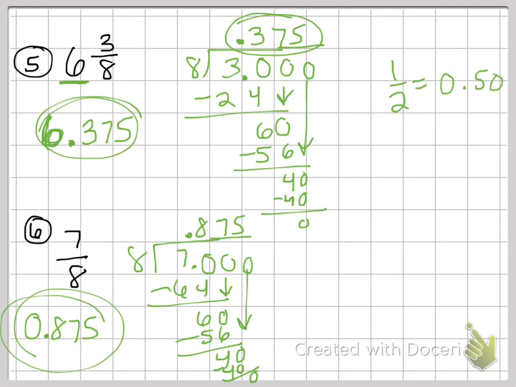Or 2/5, well, that's the same as 4/10, which would be 0.4, and so on and so forth. So those are a little bit simpler to work with, but really you're going to use division when you don't have something that converts nicely into a 10 or a 100 or a 20. Okay?